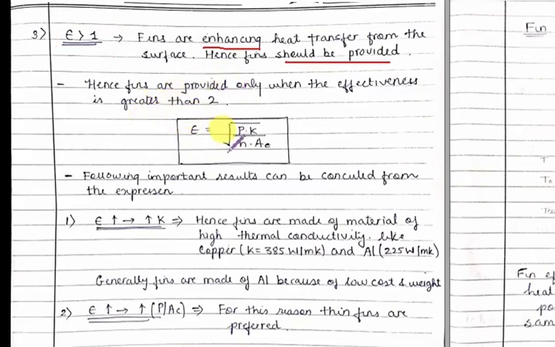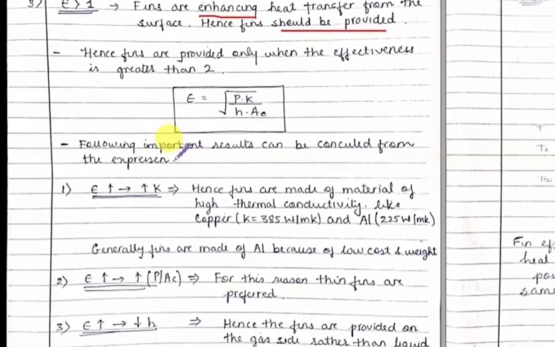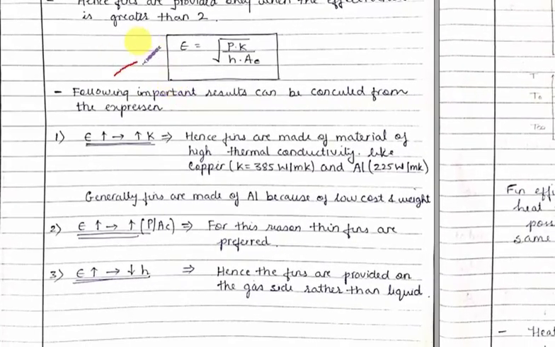So these are the important points that we have seen from this formula. Effectiveness is equal to under root Pk divided by hAc. What other important results can we see from this expression? Effectiveness increases with increase in thermal conductivity, because effectiveness is directly proportional to under root k. So as your k value increases, your effectiveness increases.